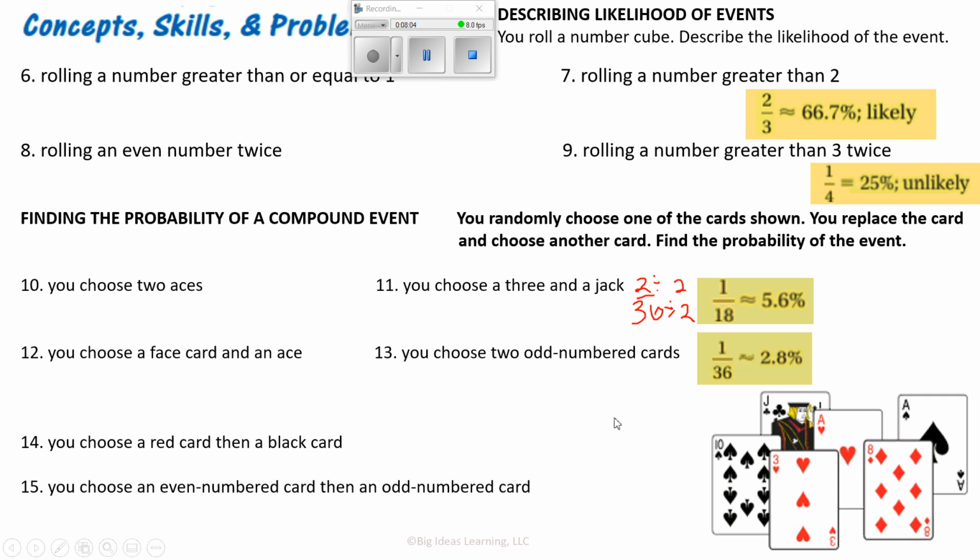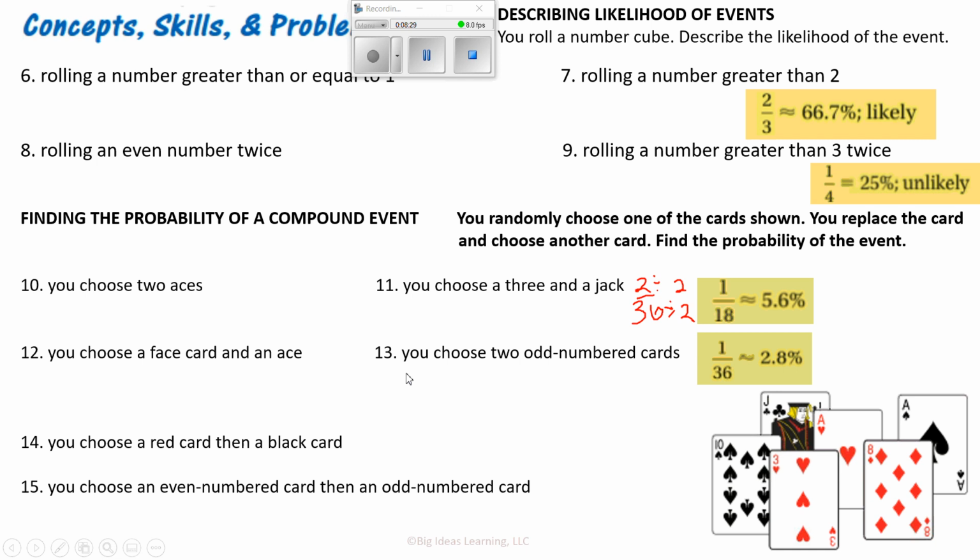So 2 odd number cards, they're saying it's 1 out of 36. I know this ace and this 3 are odd numbers, even if you don't want to call the jack.